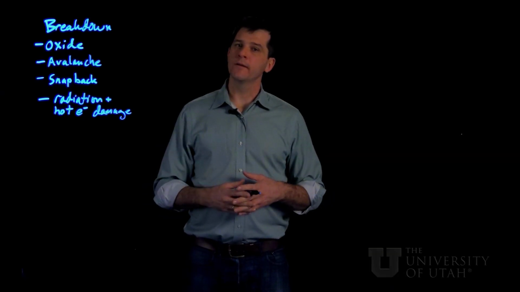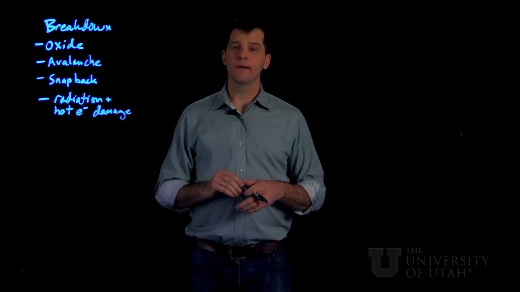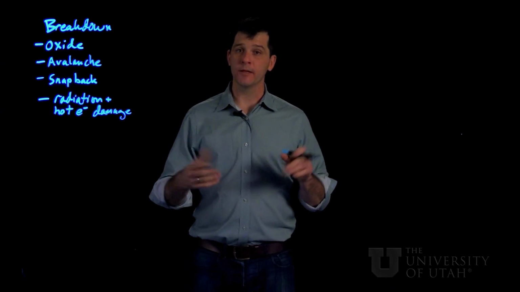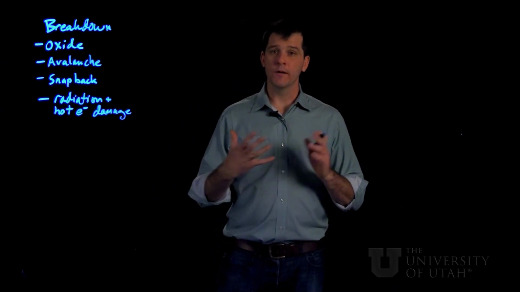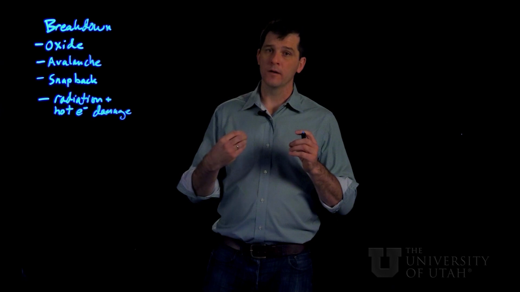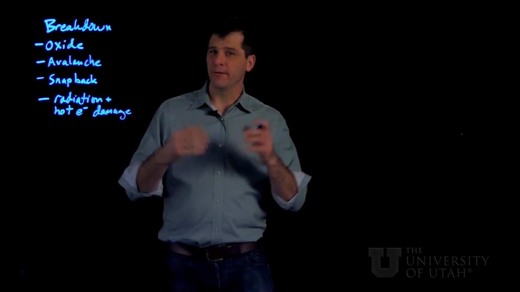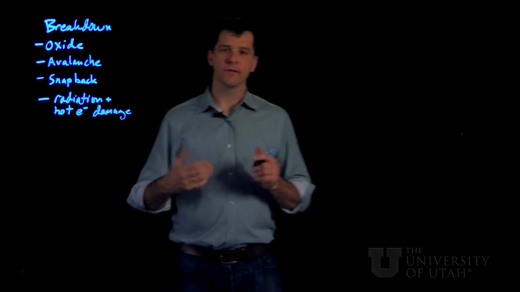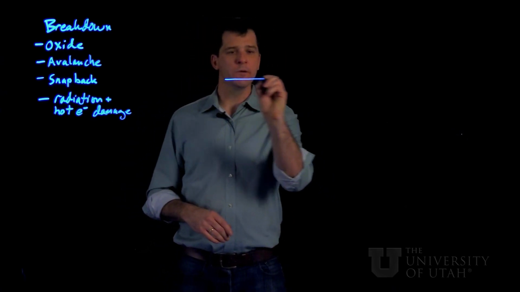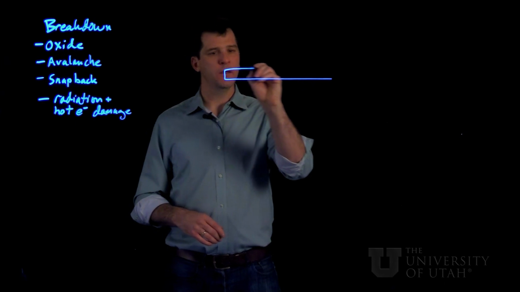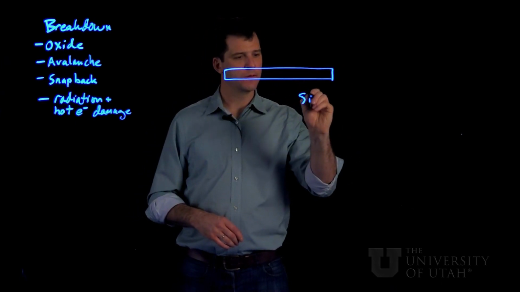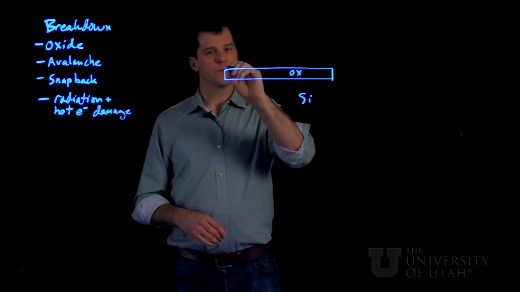Now the last mechanisms I want to talk about have to do with permanent modifications made to the MOSFET structure by either exterior radiation or, in a sense, by interior radiation, meaning hot electrons. So we want to concentrate on the gate to semiconductor interface here.